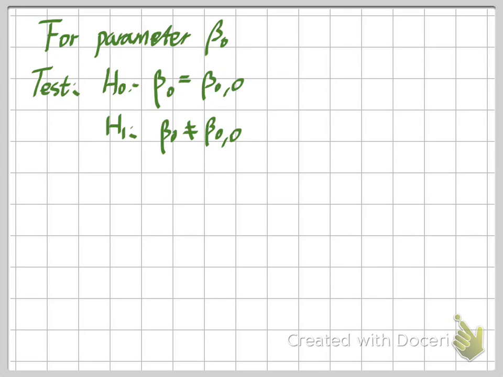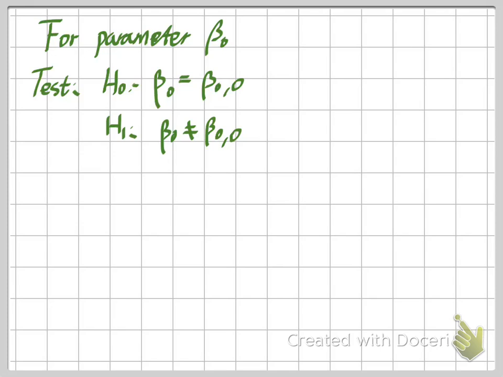Then we can give a conclusion: should we reject H0 or not? The only difference is that for beta 1, we say beta 1 follows a normal distribution with mean beta 1 and variance sigma square over Sxx. And for beta 0, this is a little different.